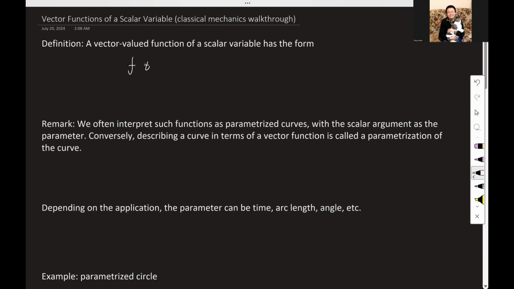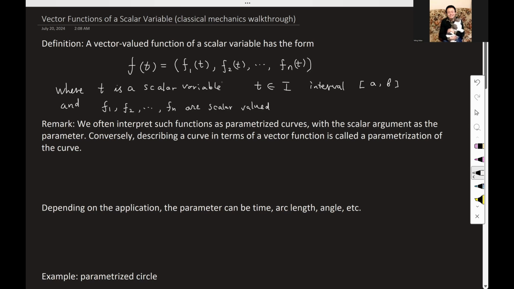F of t equals an n-tuple, f1 of t, f2 of t, all the way to fn of t, where each component, f1, f2, and fn, are scalar functions, scalar-valued functions. So these are your familiar functions from Calc 1 and 2, like sine, exponential, and whatnot.